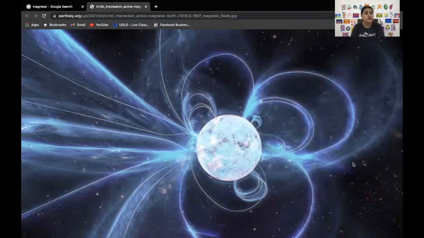Now, when was the first time that a magnetar was ever identified? The magnetar was first identified by human civilization in 1979. Before that, they didn't really understand the concept of the magnetar.